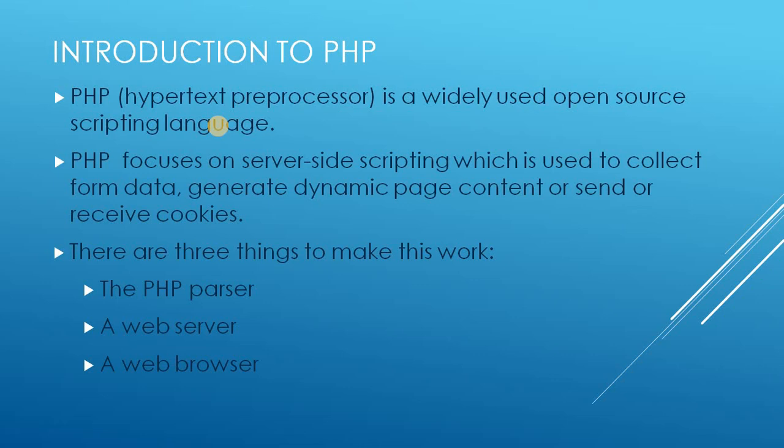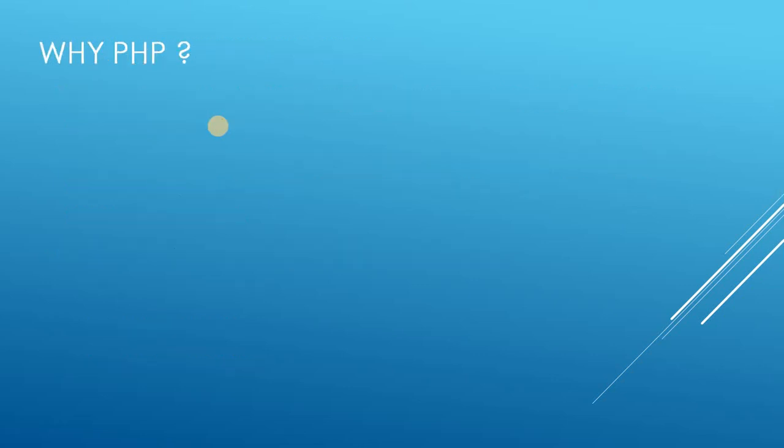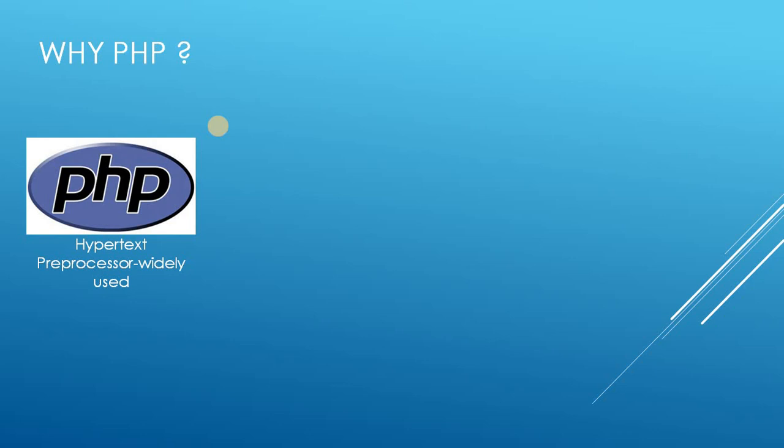Now let us see why more and more people are using PHP. As there are many different languages, why do we use PHP? First point, widely used. Hypertext Preprocessor, that is PHP, is widely used. Since many people are already using PHP, a new set of people is also going to use PHP.